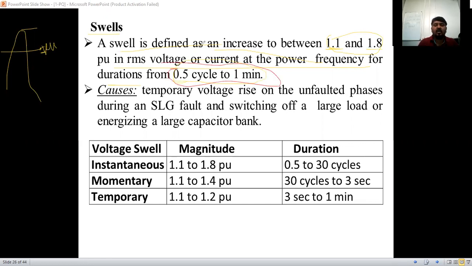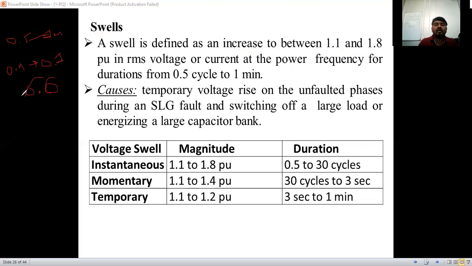For the sag, the duration varies from 0.5 cycles to 1 minute, and the voltage varies from 0.9 to 0.1. Suppose the voltage is 0.6 per unit for 1 second.